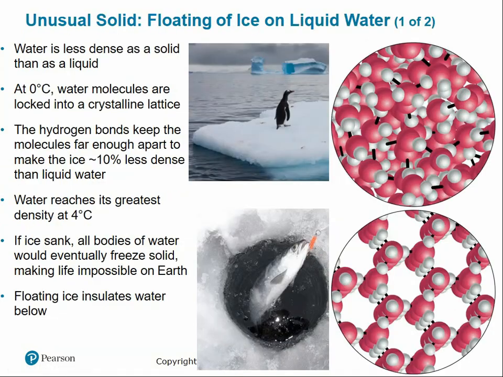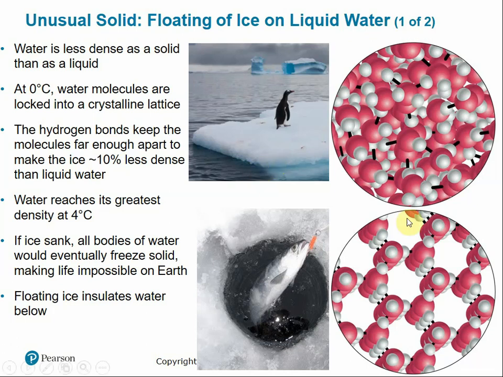We said that water forms a unique solid in ice. Typically when a substance, a liquid, becomes a solid, it condenses down, becomes more dense and compacted. But water is unique in that it actually becomes less dense as a solid than as a liquid.